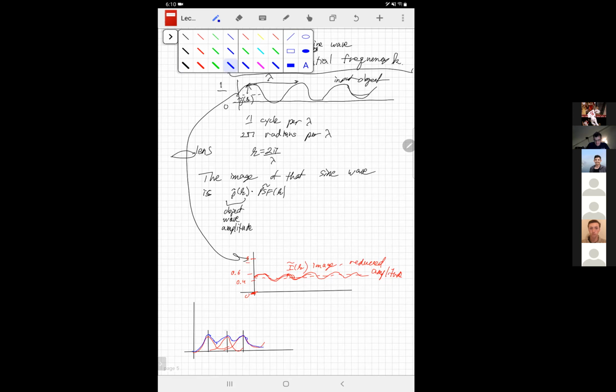All right, so because of that overlap, we get a blur. Instead of having sharp rise and fall, we get much more gentle rise and fall. That's the whole idea of blurring.